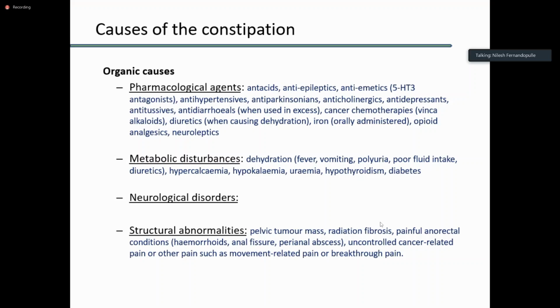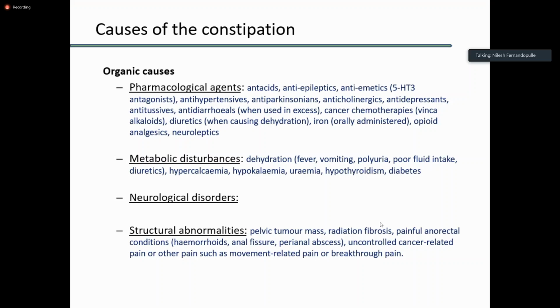Neurological problems might be quite obvious causes. Then, of course, the structural problems: any pelvic problem, radiation, some sort of anorectal problem, fissures. All those things can cause constipation. It can be bowel obstruction, some sort of structural problem in the colon can basically cause constipation.